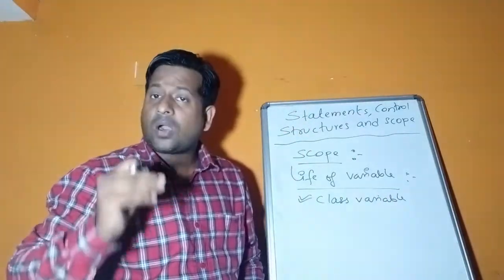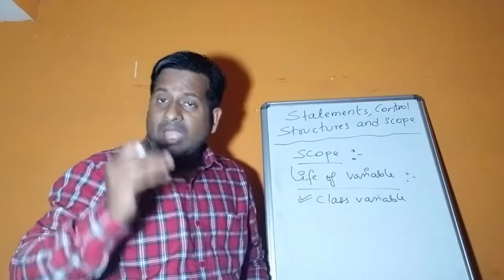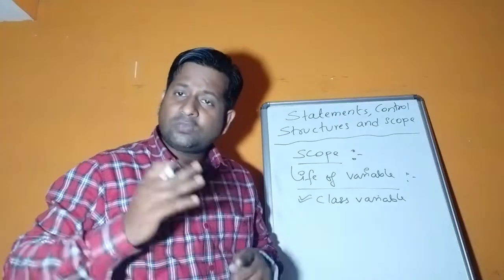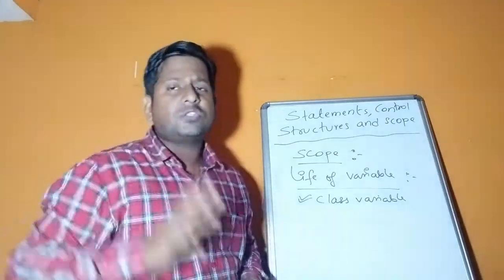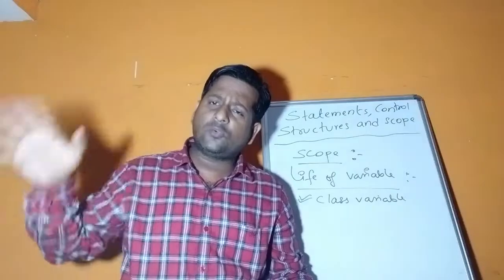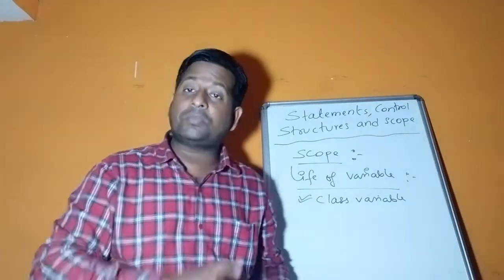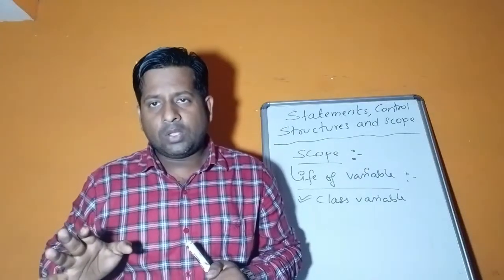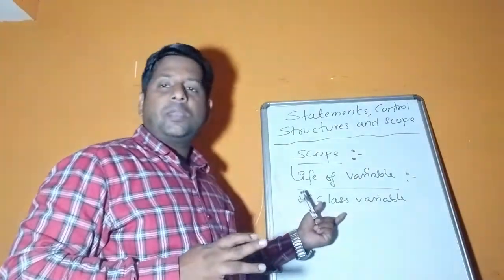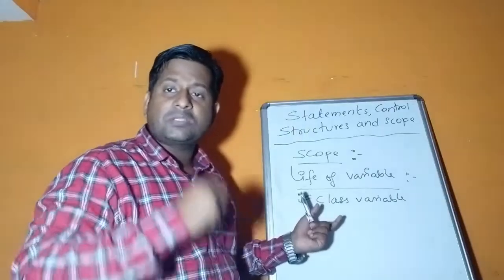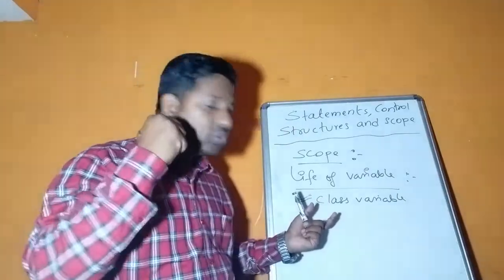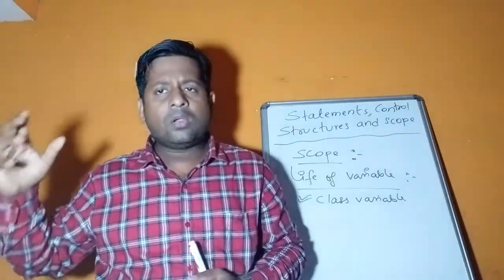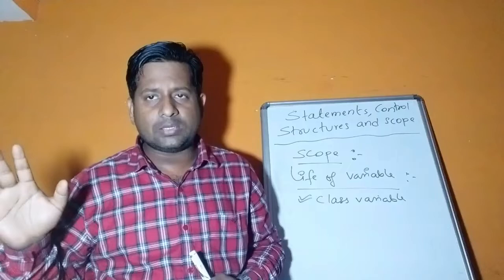That variable can be used in multiple functions, whatever functions there may be, maybe 2, 3, 4, 5. That variable will be known to each and every method. Because it is a class variable, it is a global variable. We can use that variable throughout the program, in whatever functions we have declared.